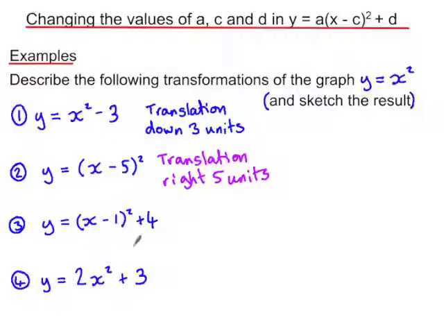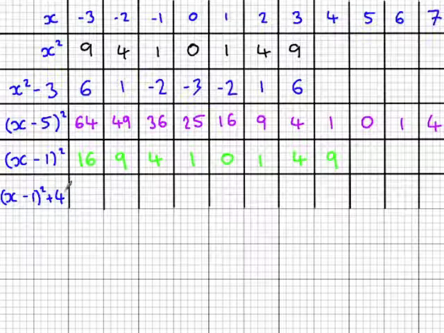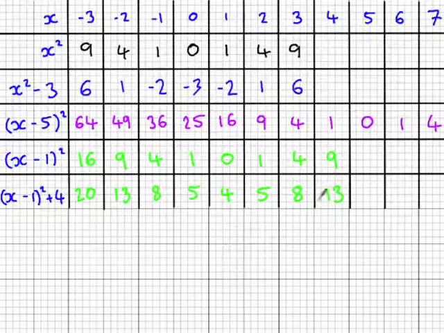With our third transformation, I'm going to use 2 rows of the table, (x take 1) squared, and then plus 4. So for this row I'm going to subtract 1 from each x value and square the result, and then I'm going to add 4 to each of these values. Not all of these are going to fit on my axes, but I'll plot the ones that do.